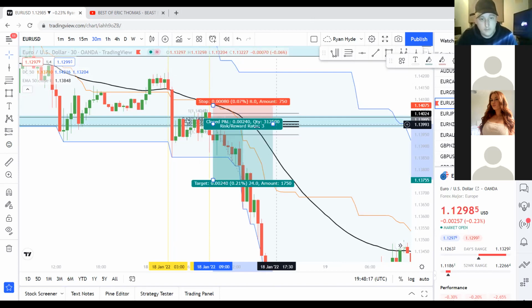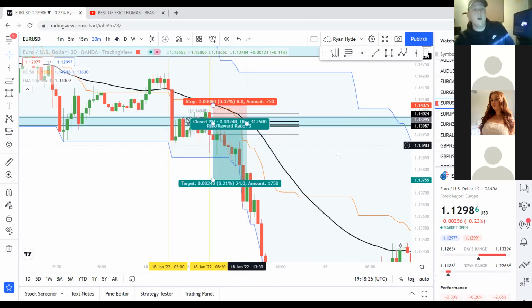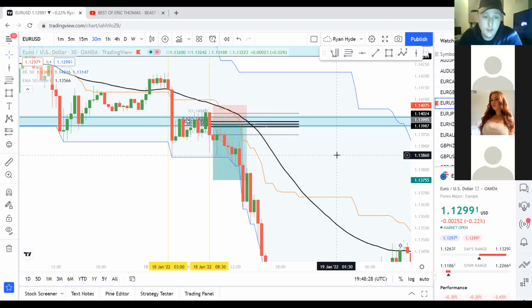So that would be a 1 to 3 risk reward ratio, and obviously as you can see it would clear.